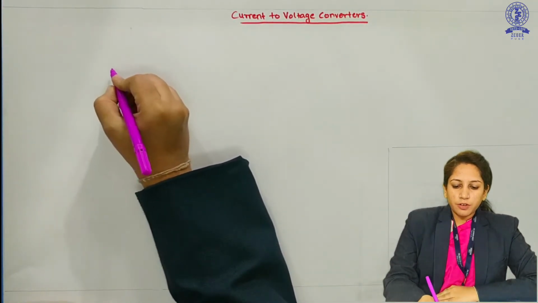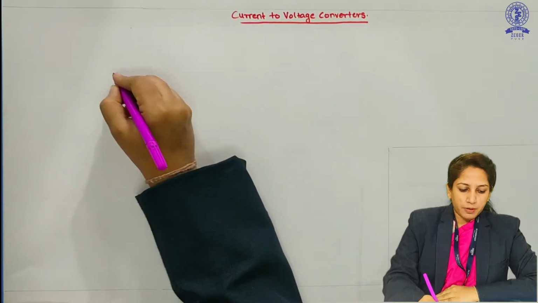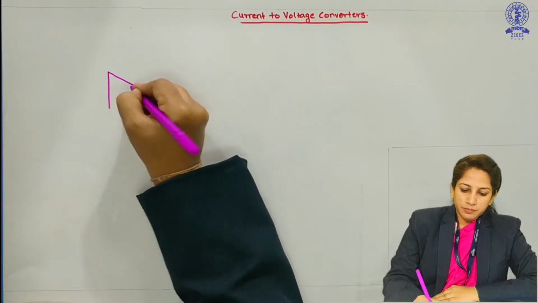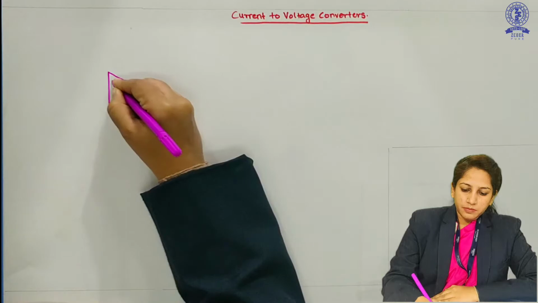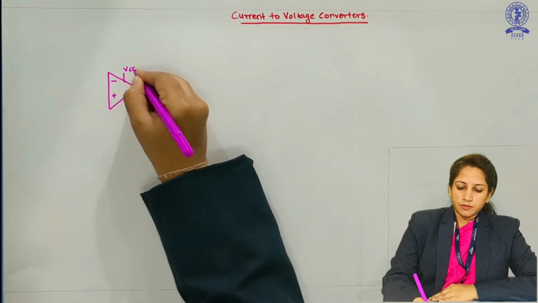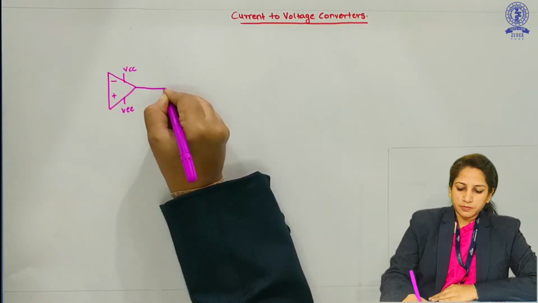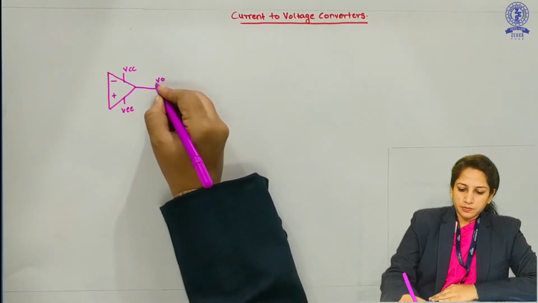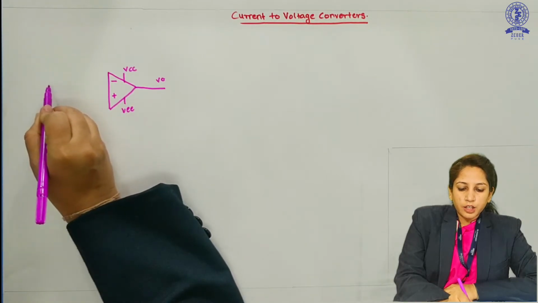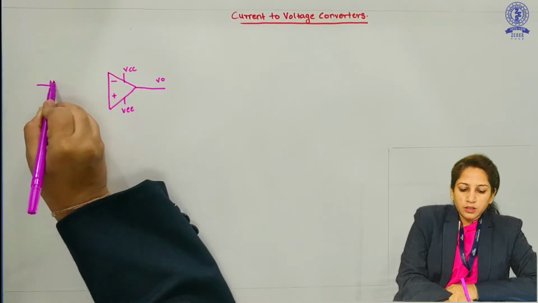First of all, I will draw a circuit which will convert current to voltage for an operational amplifier. Here I will use an op amp. I will provide an input source voltage to the inverting terminal through a resistance.